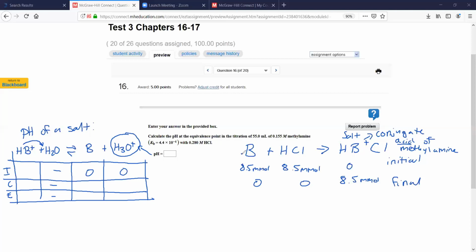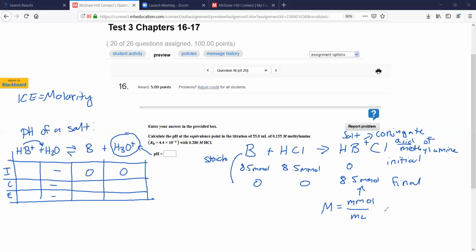Remember, stoichiometry was in moles or millimoles. But ICE tables always need to be in molarity, which means I need to find the molarity of HB. I have millimoles, so molarity is millimoles per milliliter.